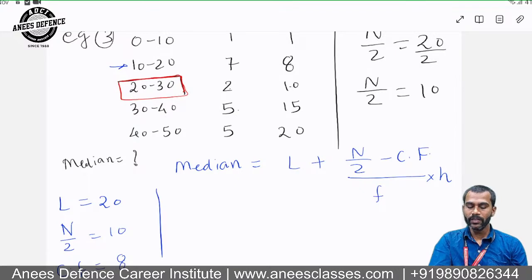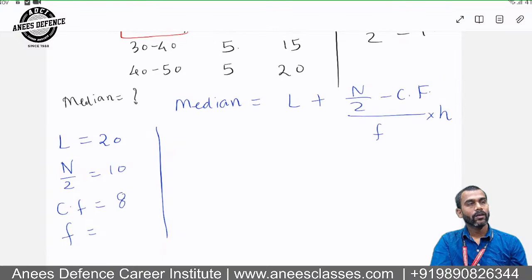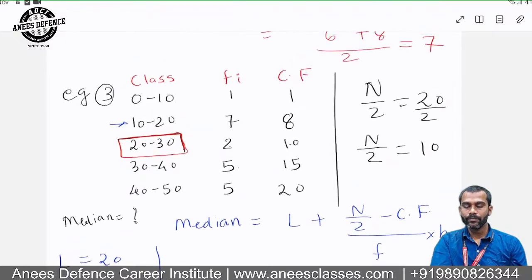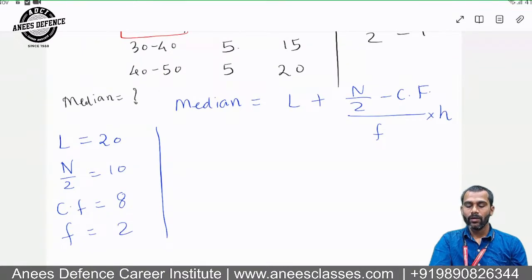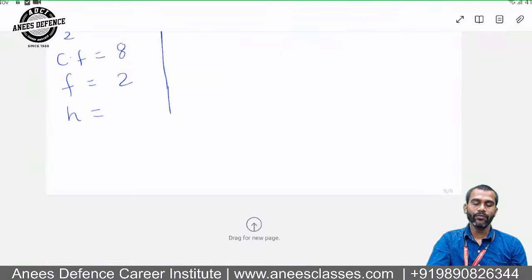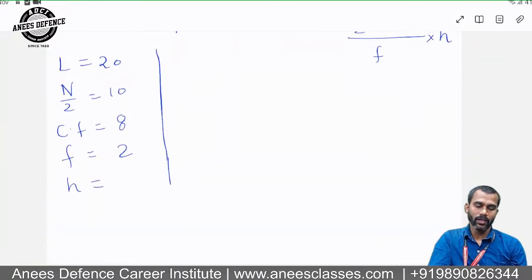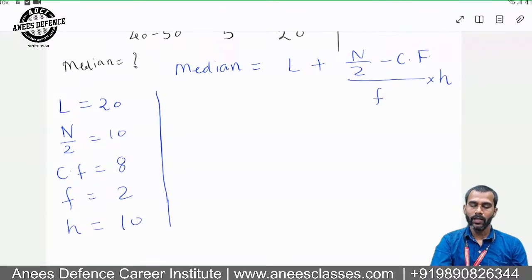Now what is F? F is the frequency of the median class, which is 2. H is what? Height of the class, every class basically. So H is 10.